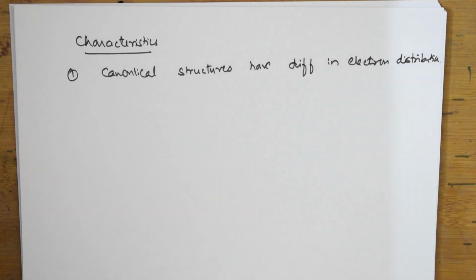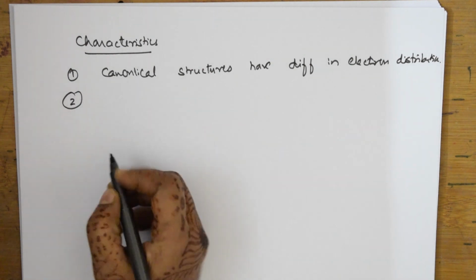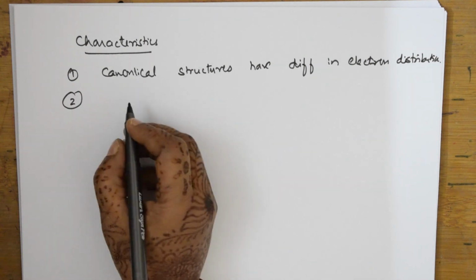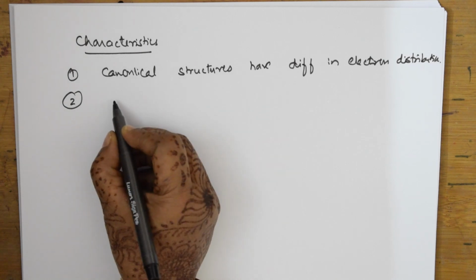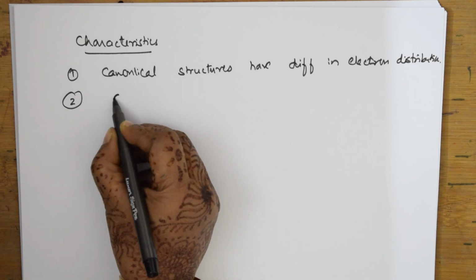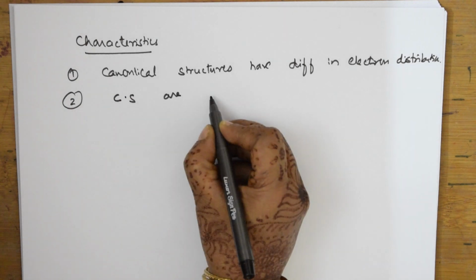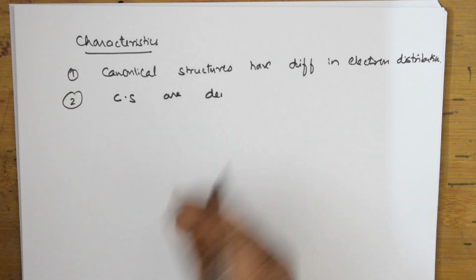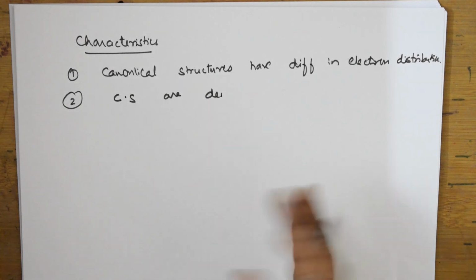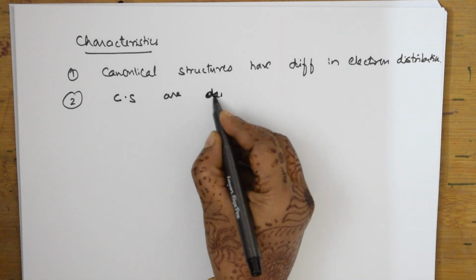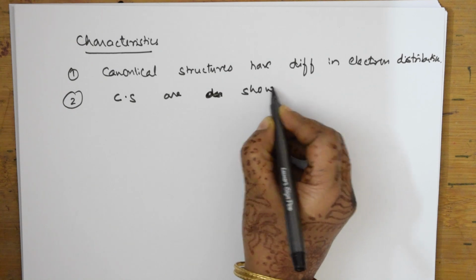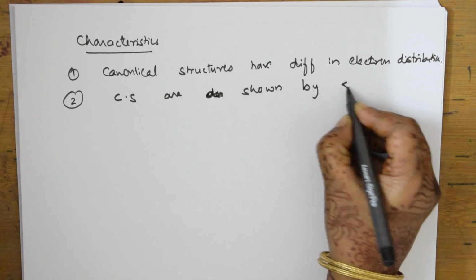Canonical structures, written as CS, are linked or shown by a double-sided arrow.